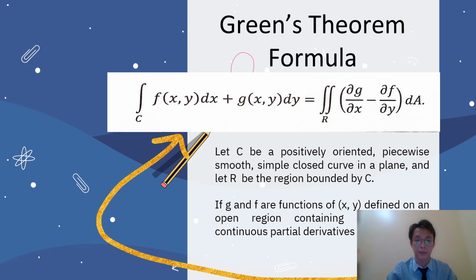Let C be a positively oriented, piecewise smooth, simple closed curve in a plane and let R be the region bounded by C. If F and G are functions of x and y defined on an open region containing R with continuous partial derivatives, then there is the positive boundary curve of C.